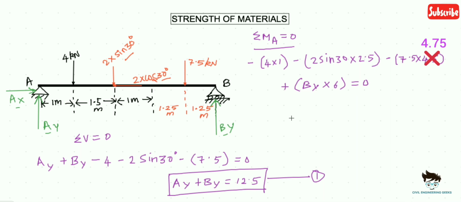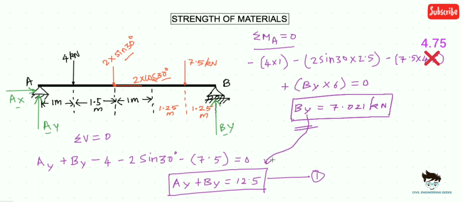Now if anyone asks why I didn't use AX or 2 cos 30 degree in this equation, then I will have to request you to see my previous lecture on equilibrium equation. And coming back, solving this equation, we will get BY equal to 7.021 kilonewtons. Now substitute this BY in equation 1 and get AY, and that will be equal to 5.48 kilonewton.